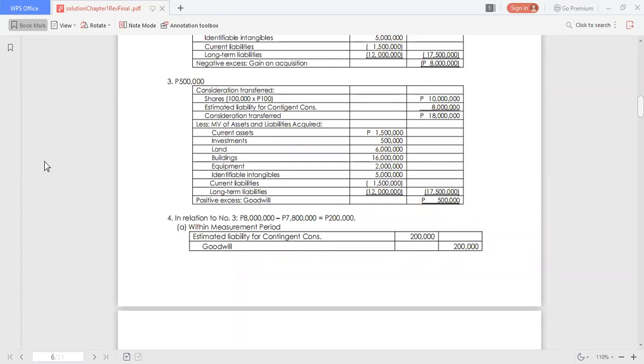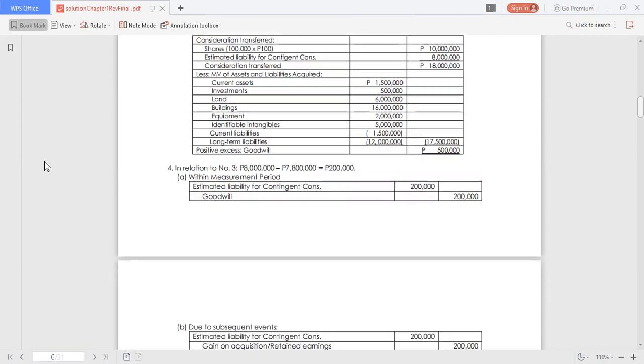So in number 4, letter A, we now debit estimated liability for contingent consideration in the amount of 200,000. That's 8 million minus 7.8 million. And we credit goodwill, reducing goodwill by 200,000, considering that the value decline occurs within the measurement period.